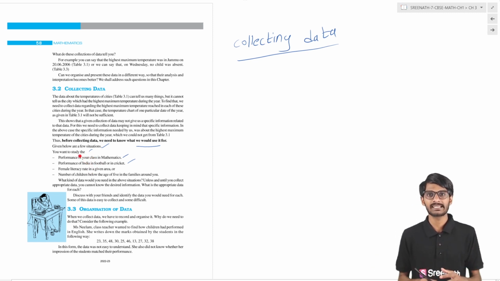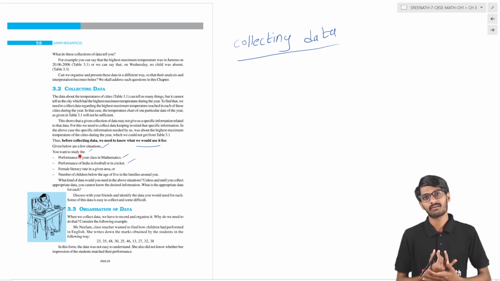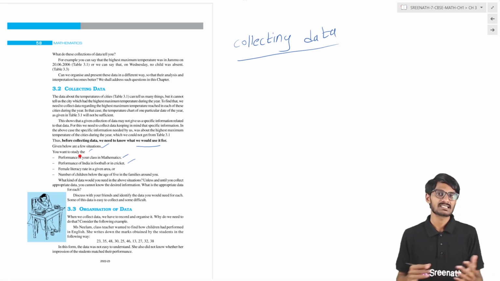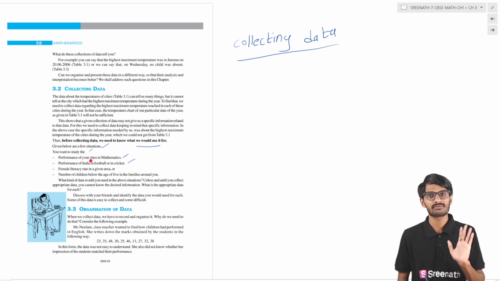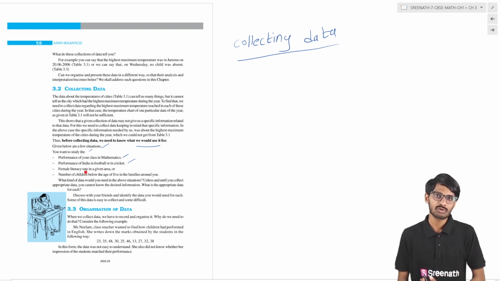But randomly collecting data and suddenly making questions, or suddenly wanting to find something, is somewhat foolishness. So first you have to know the purpose of collecting data. Suppose you want to find out the performance of your class in mathematics, so this is your purpose. Then you have to collect data according to this.